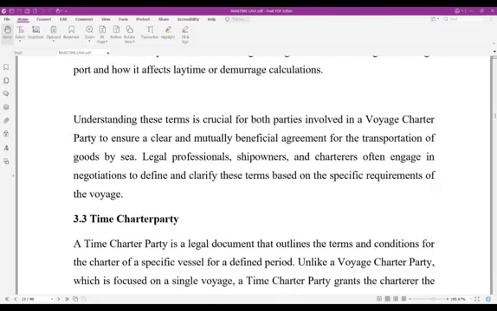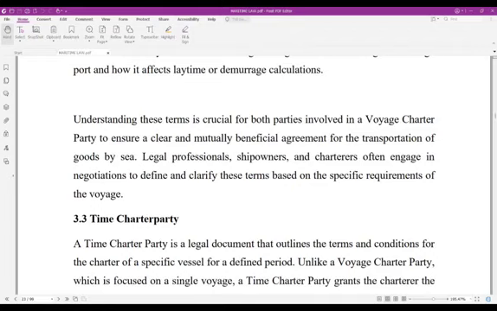It is important for every party involved in this line of business to understand the terms and conditions. With that, it becomes mutually beneficial. The agreement for the transportation of goods and services becomes clear, apparent, and vivid enough.